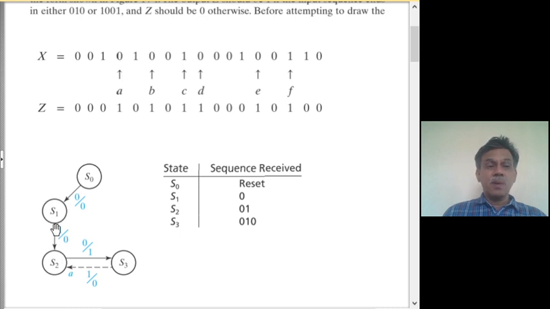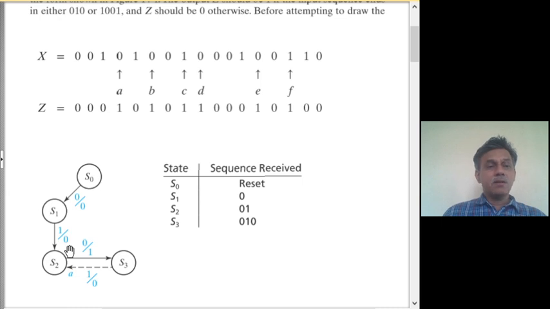That is different from remembering just the partial sequence 0. So these two are different cases. So you should have one more state, call it S2. S2 corresponds to the case where the first two bits of the pattern, 0, 1, have occurred. But in going to S2, we should still output a 0.